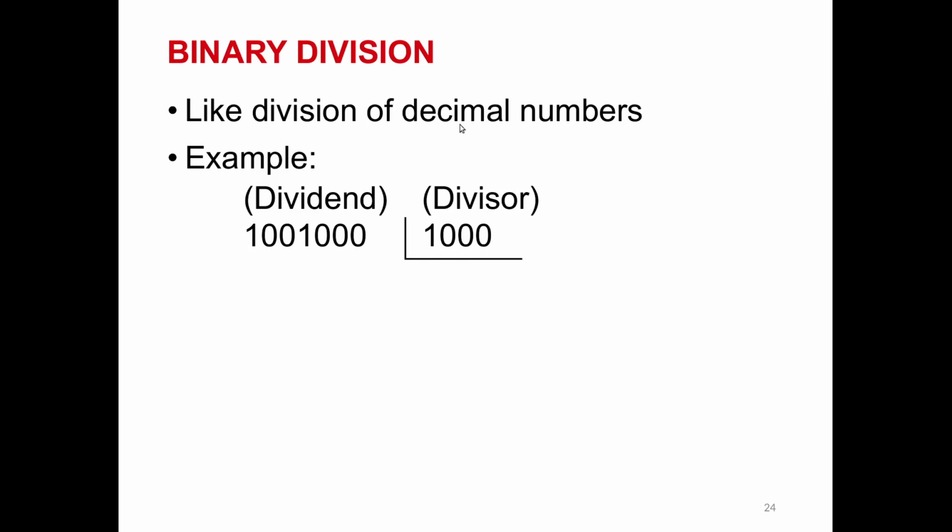So we will do the same as what we did with decimal numbers. We will have that the first 4 bits, the most significant 4 bits, is bigger than the value of the divisor, and so we will have the result.